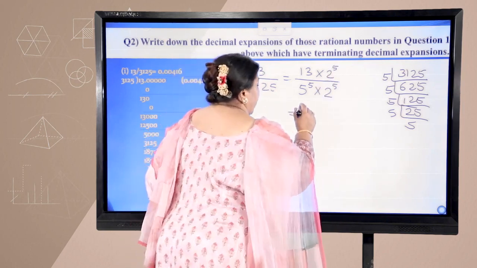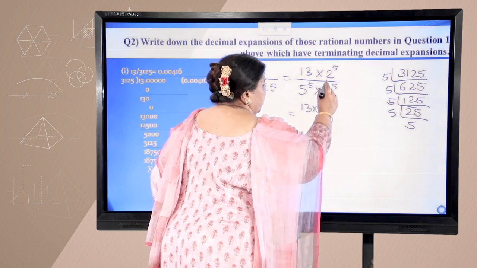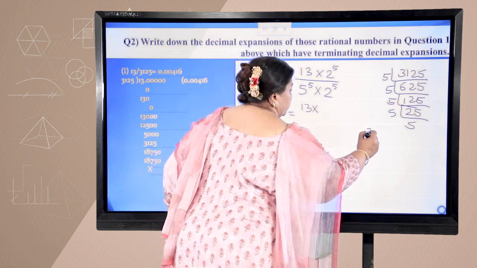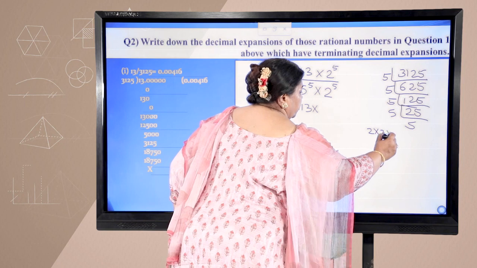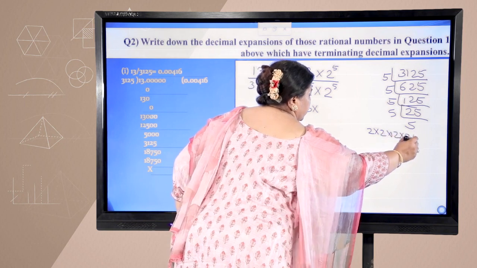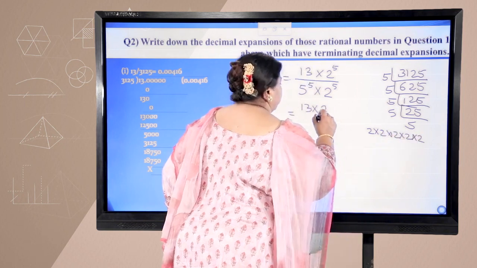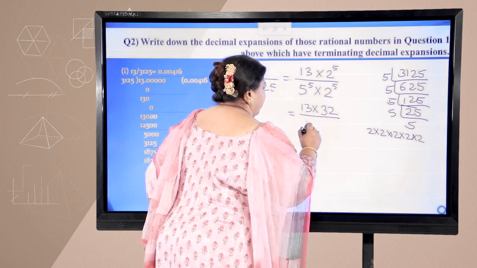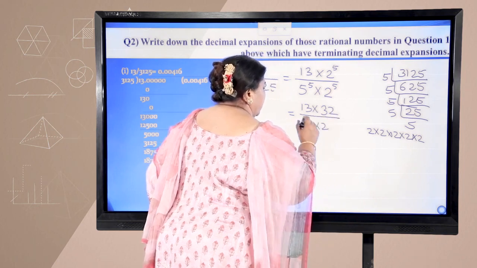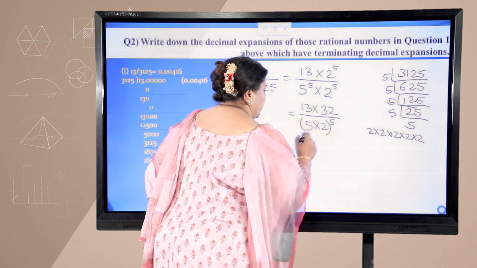How? We have 13 into 2 to the power 5. 2 2s are 4, 4 2s are 8, 8 2s are 16, 16 2s are 32, upon 5 into 2 power 5.